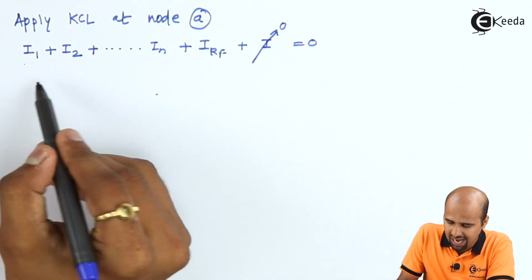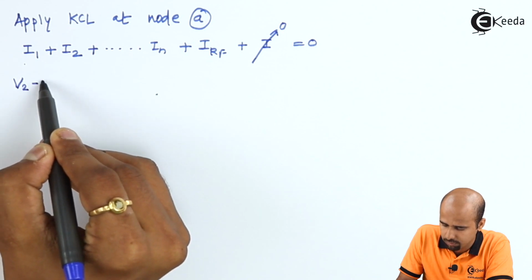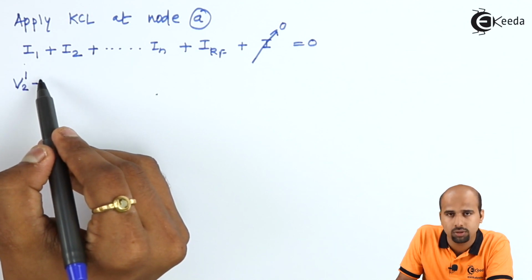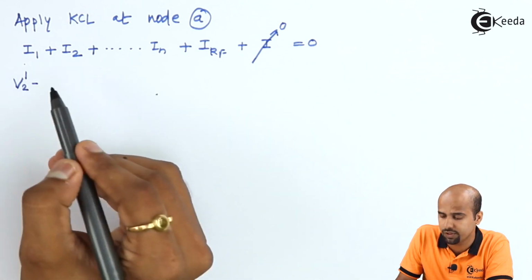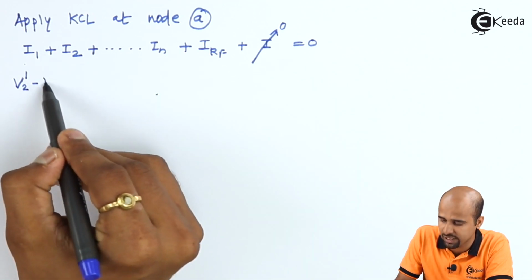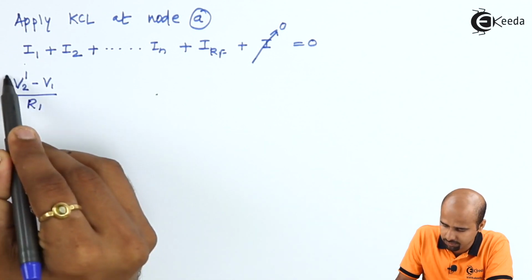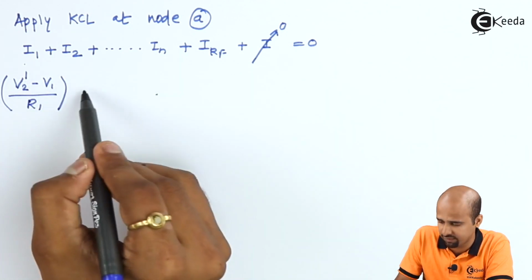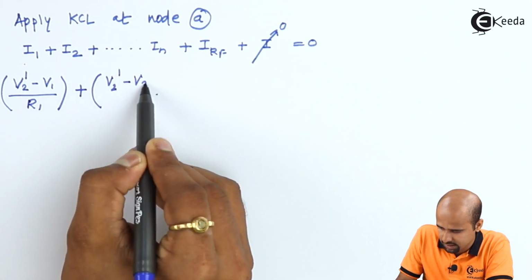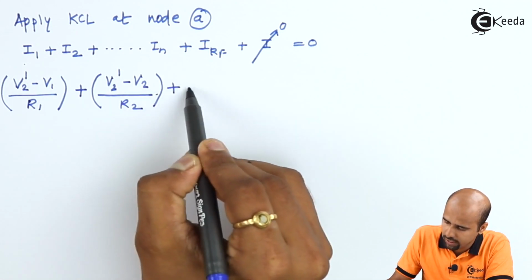I1 is equal to V2 dash, I'm just differentiating V2 of the input from V2 of the inverting terminal, so V2 dash minus V1 divided by R1, this is I1, plus V2 dash minus V2 divided by R2, and so on.